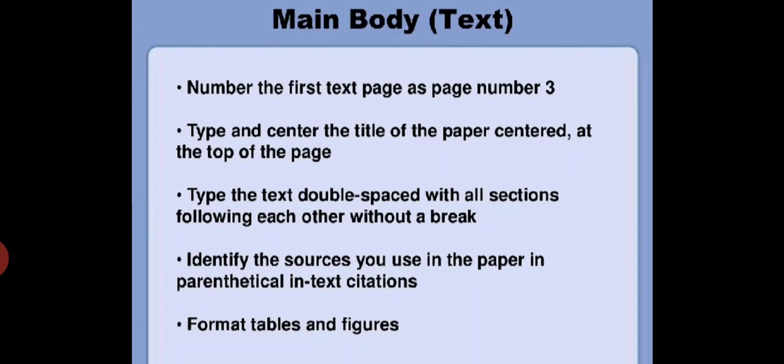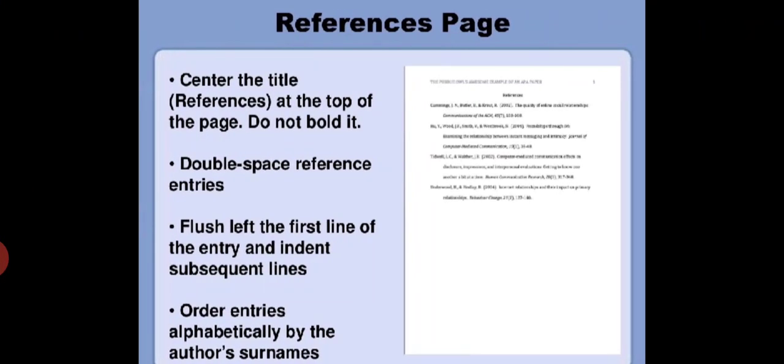Identify the sources you use in a paper in parenthetical in-text citations. Format tables and figures. So that was all about the main body of text, how you would be writing the main body.